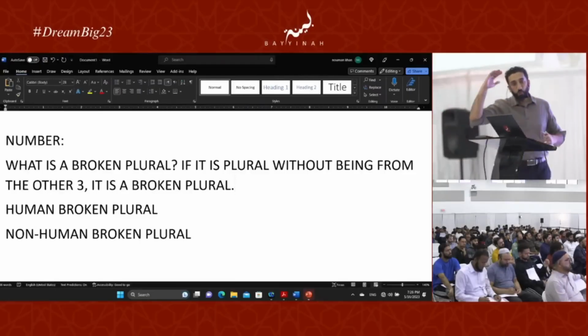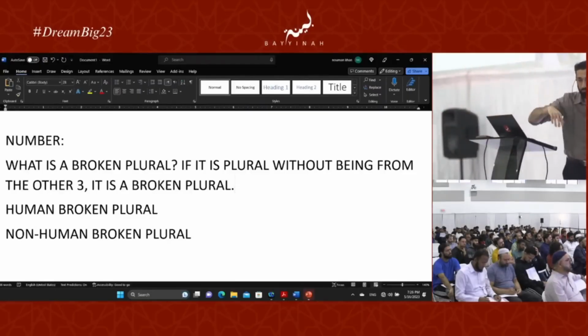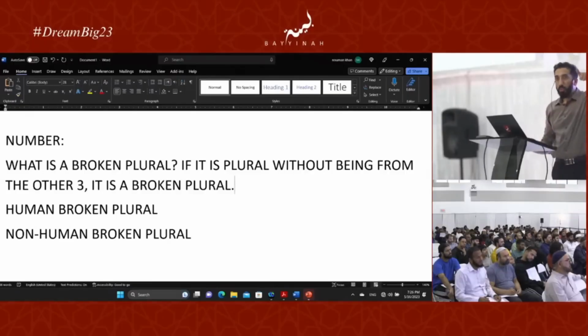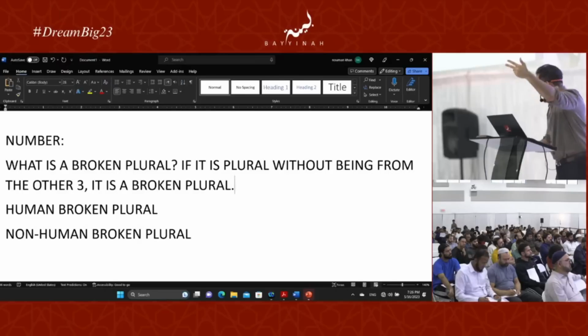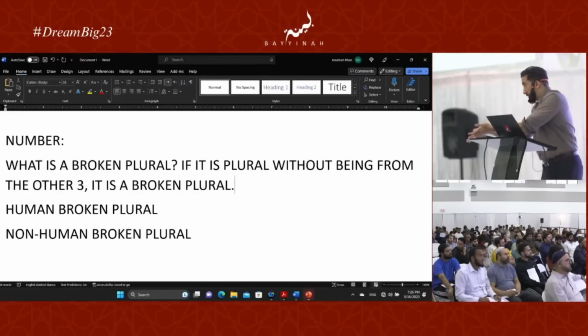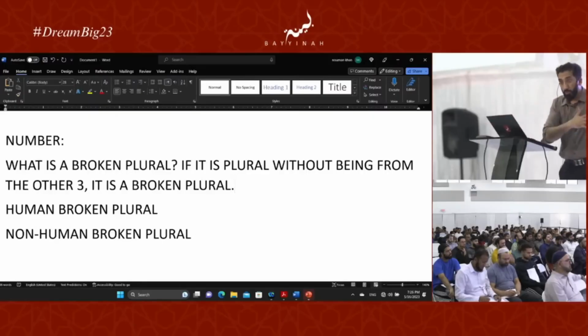It's not una, ina. That's one. It's not atun, atin. That's two. It's not what else? It's not nas, qawm, and qarn, but it's still plural. If it's still plural without being any of those three, it's got to be a broken plural.